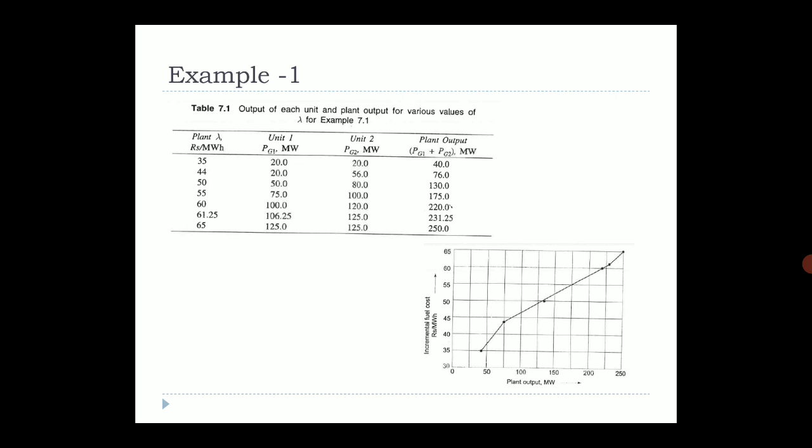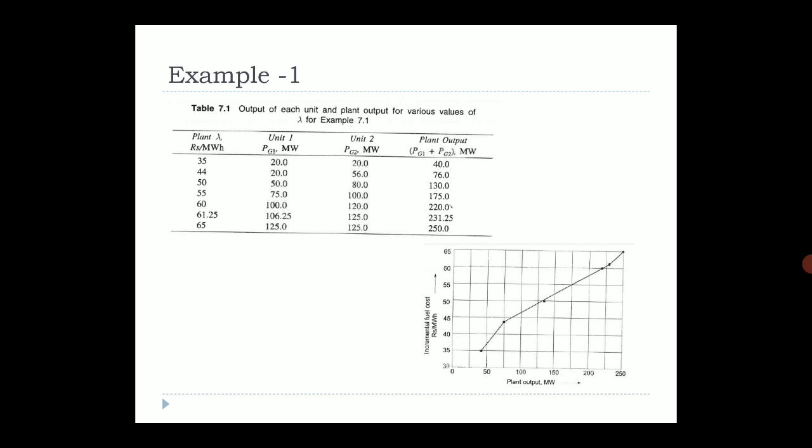Okay, so here is a table with different values of lambda. You can see when lambda is 35, unit 1 is producing 20, unit 2 is producing 20, total power is 40. Lambda is 44, unit 1 is producing 20, unit 2 is producing 56, and total power is 76. Lambda 50, unit 1 will produce 50, unit 2 will produce 80, and you'll have 130.